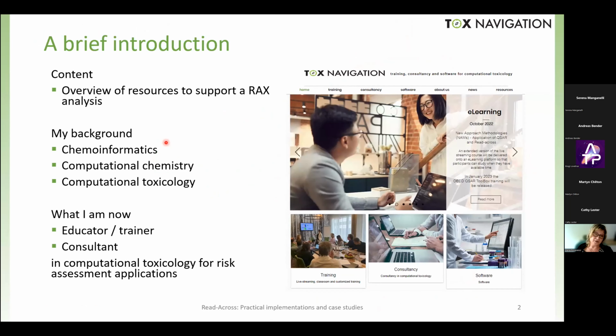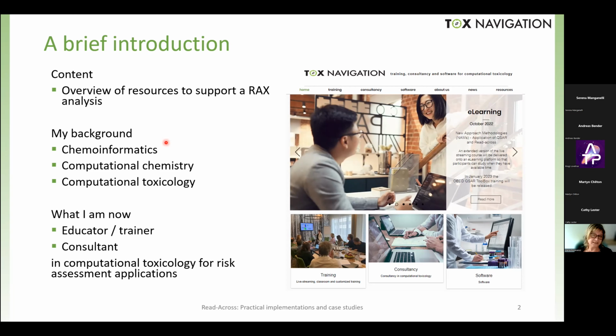For those of you who don't know me, I just wanted to give you a bit of information about who I am and what I do, so that you understand why I chose the content of the presentation as it is. My background is, in a nutshell, using computers to generate and predict properties of molecules.